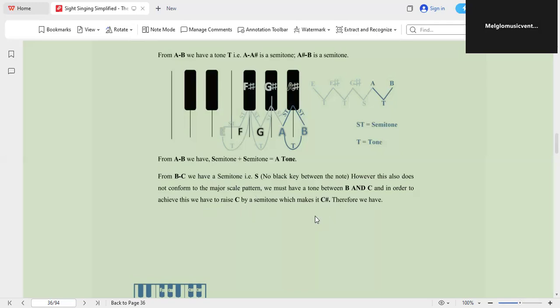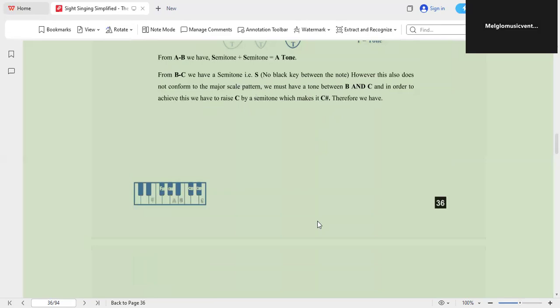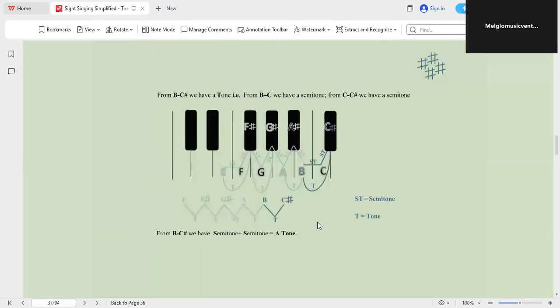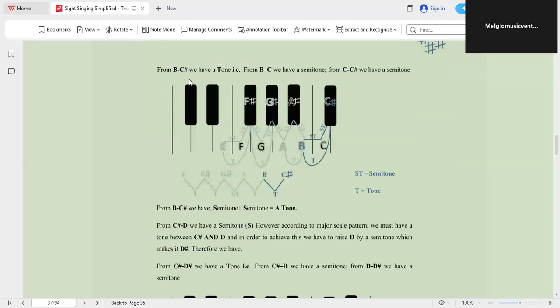Therefore, from B to C sharp, we have a tone, that is, from B to C, a semitone, and from C to C sharp, a semitone. Therefore, from B to C sharp, we have semitone plus semitone equals a tone.